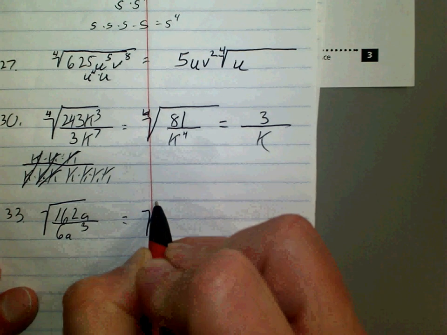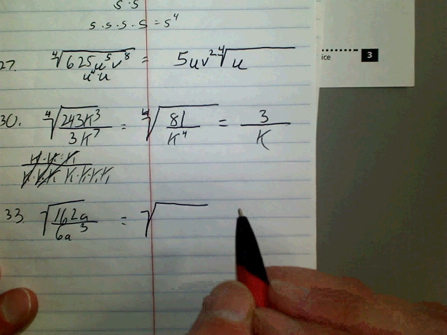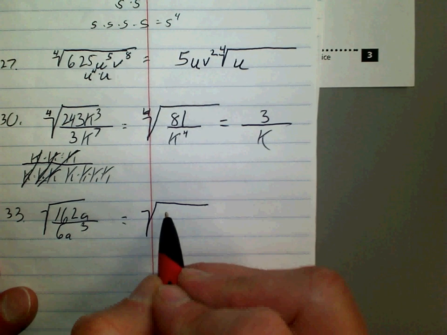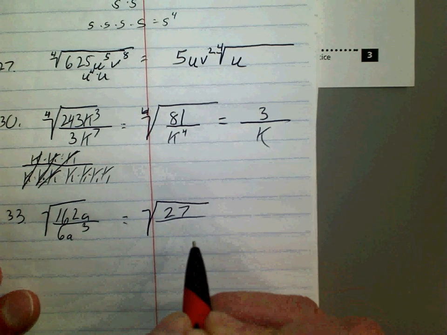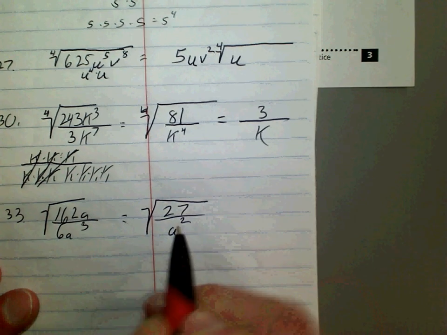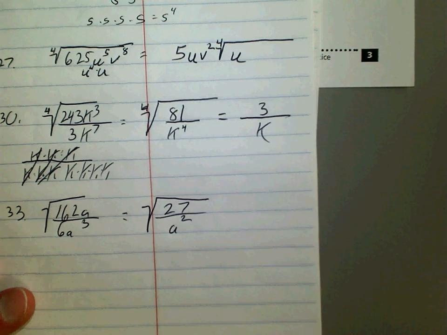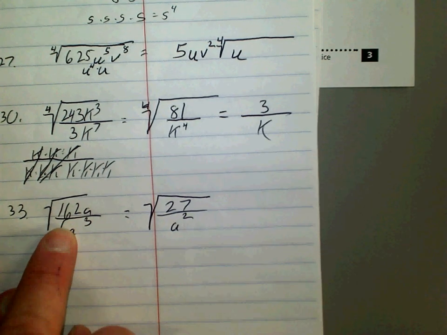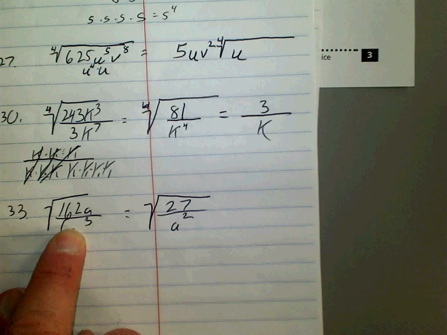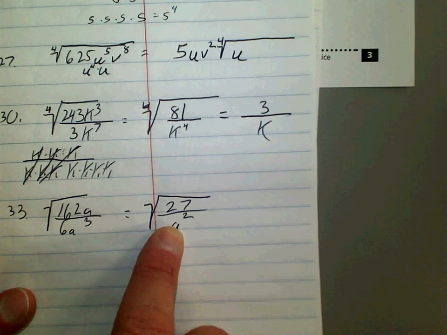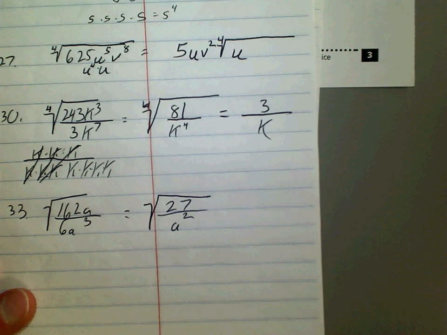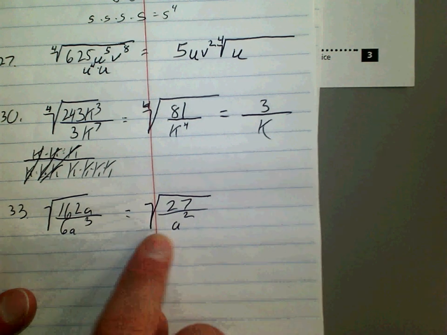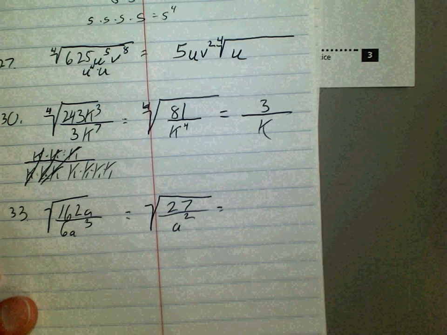What's your numerator going to be? 27. What's your denominator? A squared. Y'all agree with that? That's just simplifying the radicand. The number inside the radical can be simplified through division or simplifying. Can you simplify? What about the denominator? Do I need to rationalize it, or does the radical sign go away?